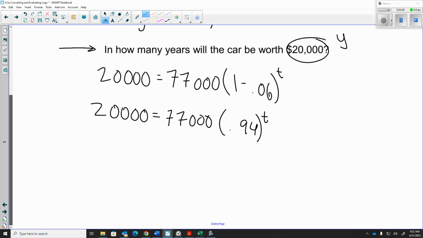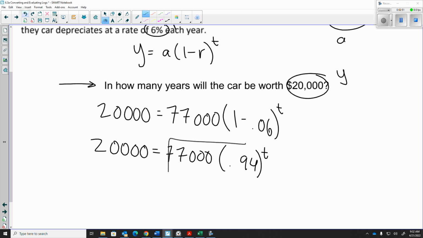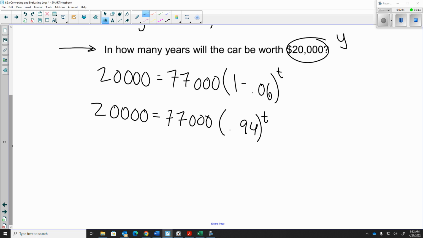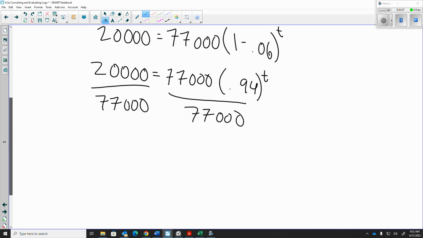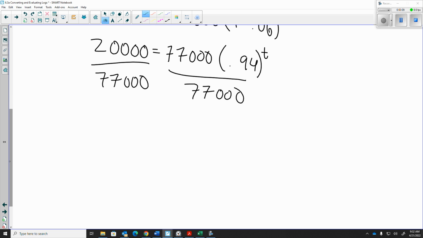So I'd have to divide 77,000. Got to divide 77,000. That's some decimal. What's 20,000 divided by 77,000? Good enough for our purposes. So I have that decimal equals 0.94 to the T.